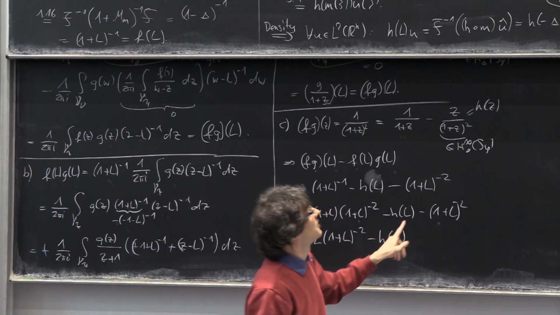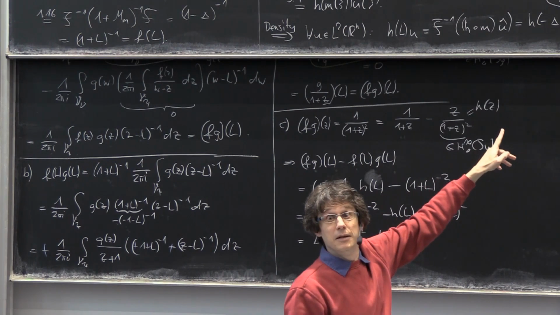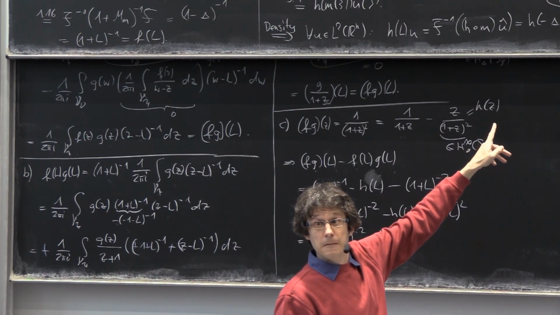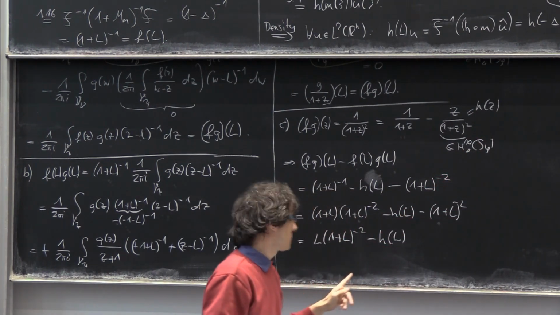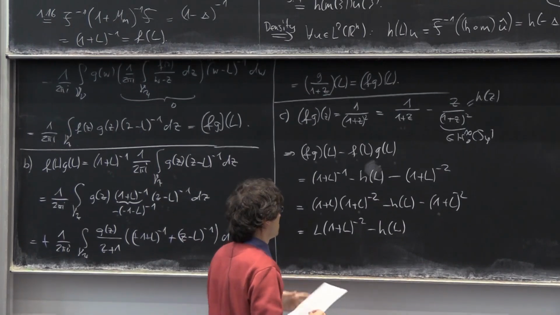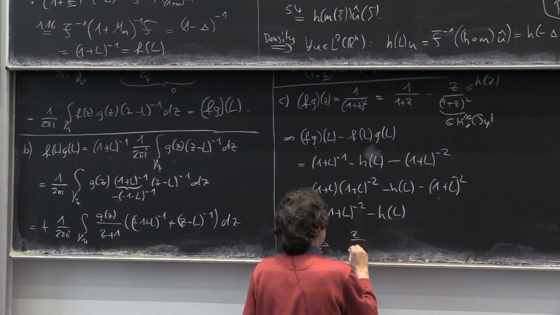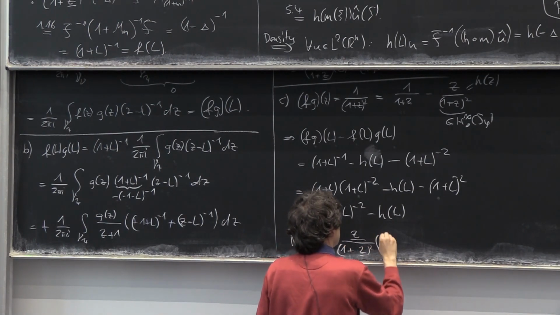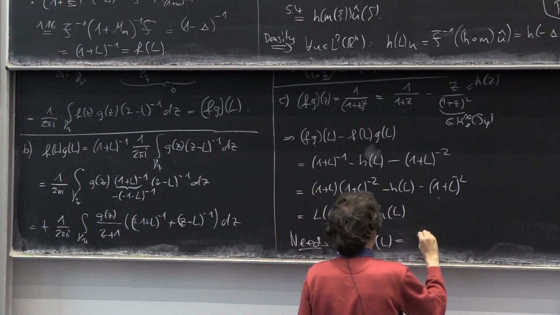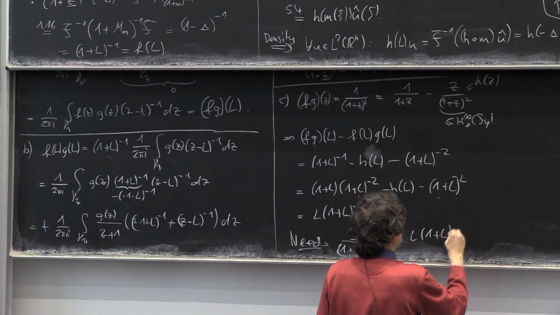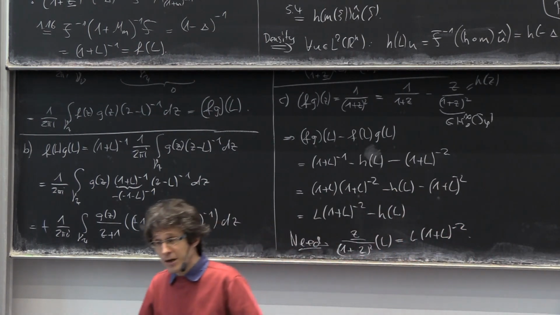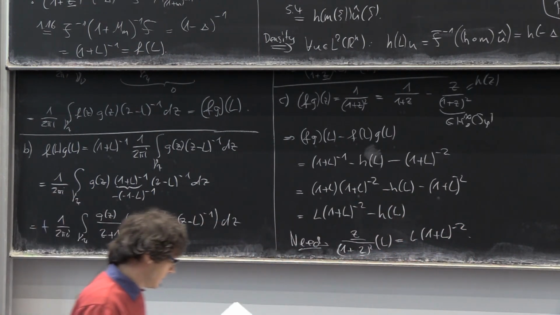And this is exactly the furthermore claim that I made in the theorem. So what you need for the third part is just this equality: that if you take z over 1 plus z squared and plug in L, this gives you L times 1 plus L to the minus 2. And once you have this, we finish the thing.